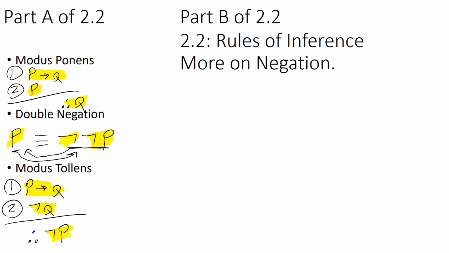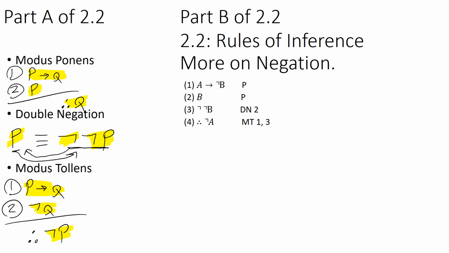Let's move into the second part of section 2.2, and we'll continue a little bit more on double negation. So here's an argument, here's a proof. Let's step back and just consider proofs in general for a moment. In any good proof, you number each and every sentence, 1, 2, 3, 4, 5, etc. You have the sentence stated, and then you must justify every single sentence.